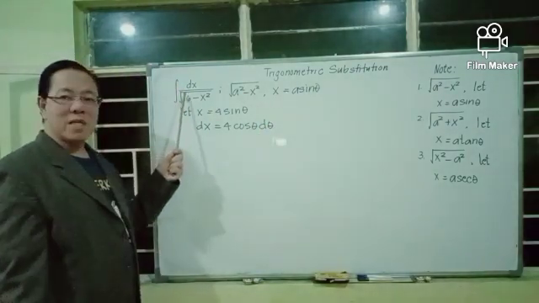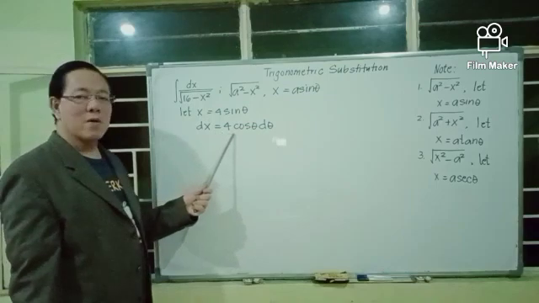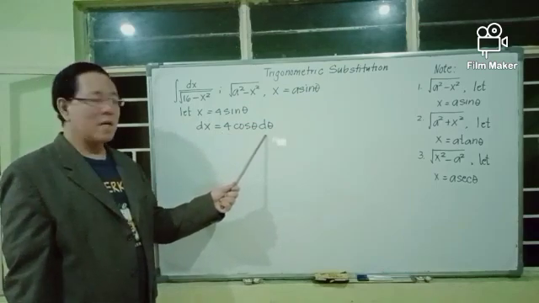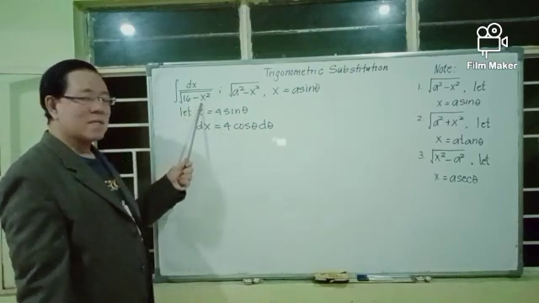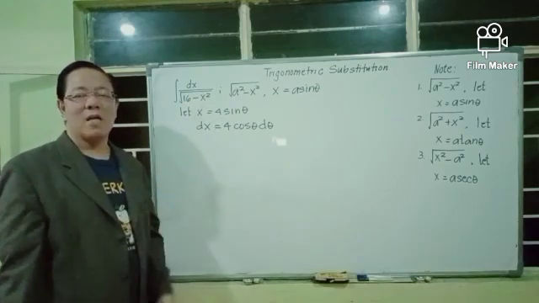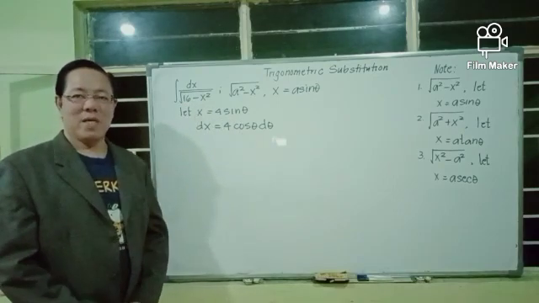And in the given integral, we replace dx with 4 cosine theta d theta. And we replace x with 4 sine theta, and we simplify the given integral.